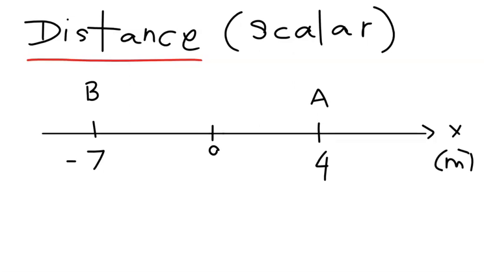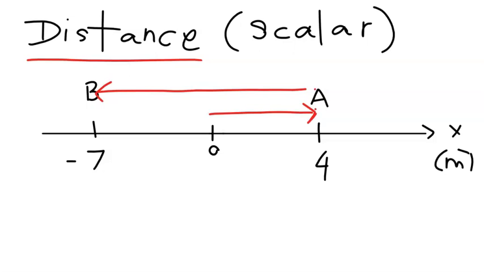Let's assume there is an object and it moves from the origin to point A first, which is at a distance of 4 meters from the origin, and then it reverses its direction of motion and heads back to point B and stops there. In this case, what is the total distance traveled by this object?